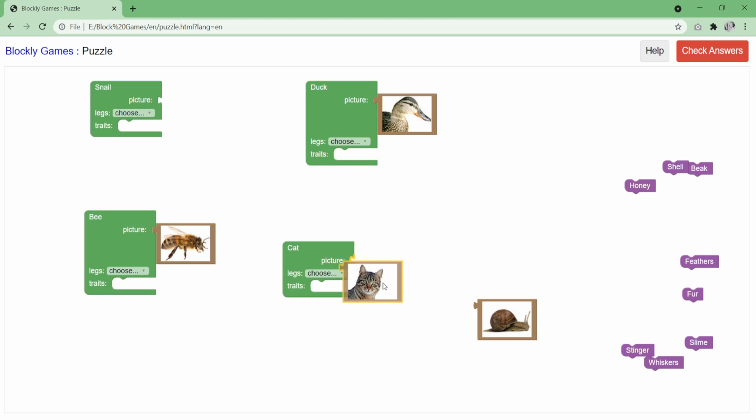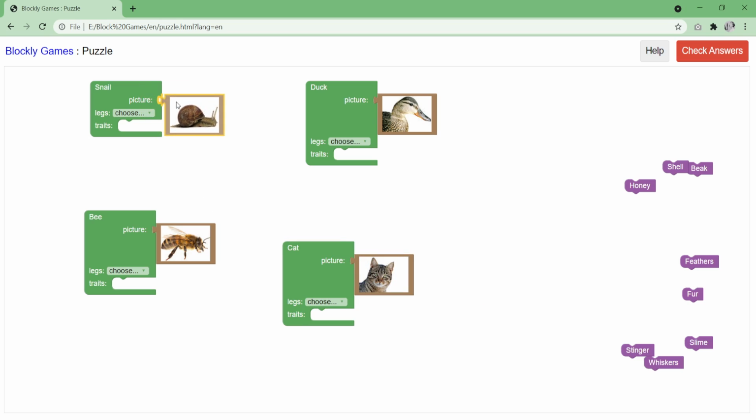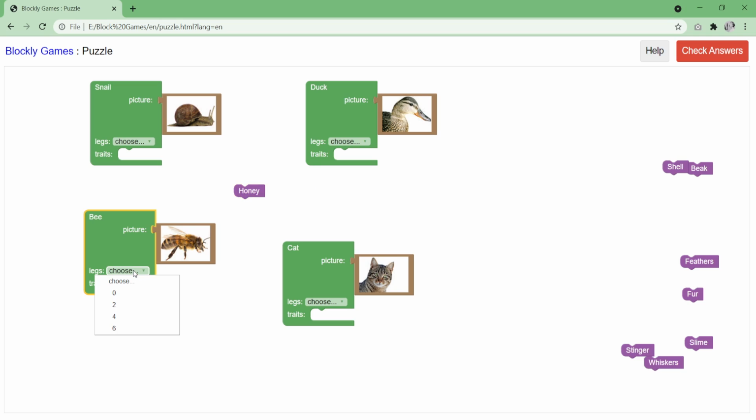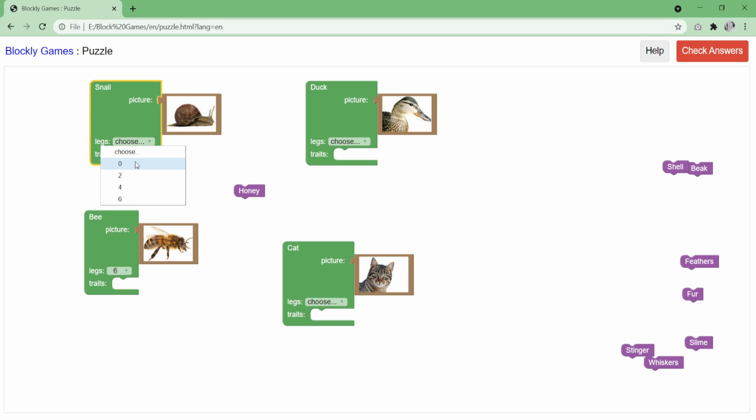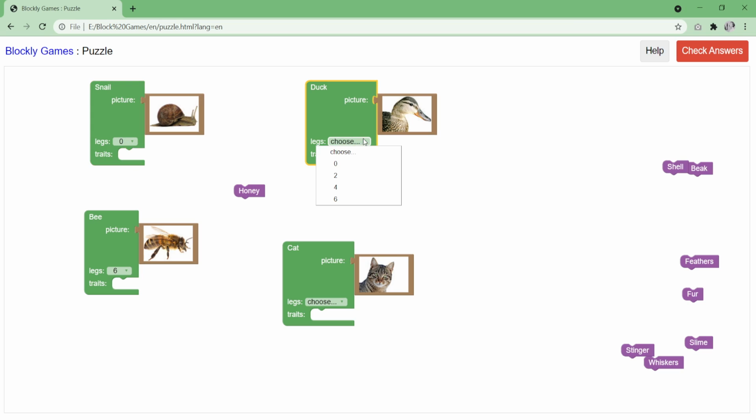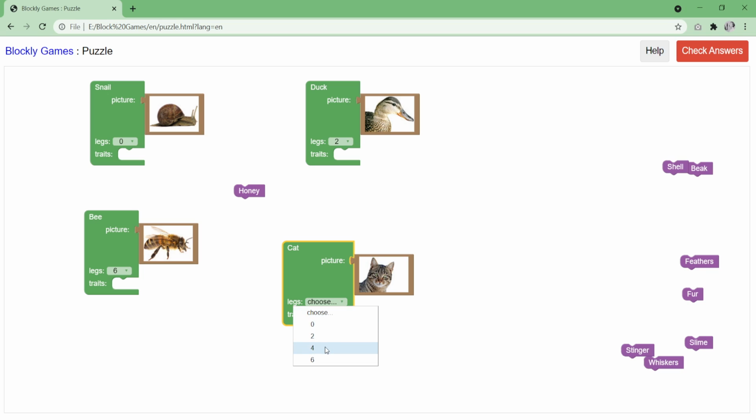Okay, so what are the traits? How many legs does the bee have? Two legs, zero legs, two. The legs of the cat, four.